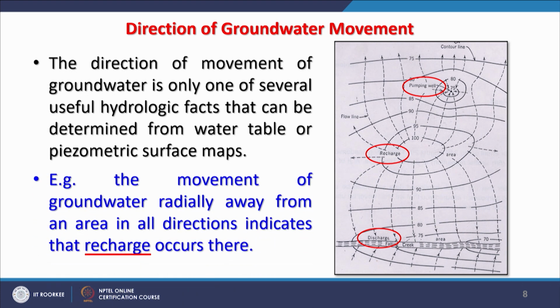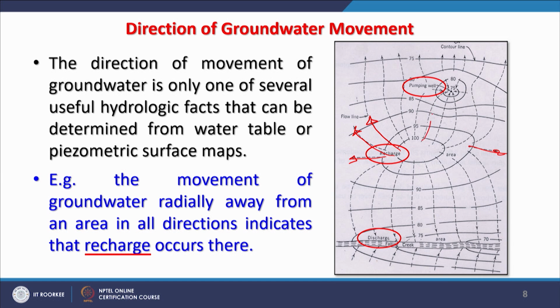So what are the other facts which we can determine? For example, movement of groundwater radially away from an area in all directions. As you can also see in this case, because this is a recharge well, water is recharging the surrounding areas and therefore these arrows are going outward, radially away from an area in all directions.